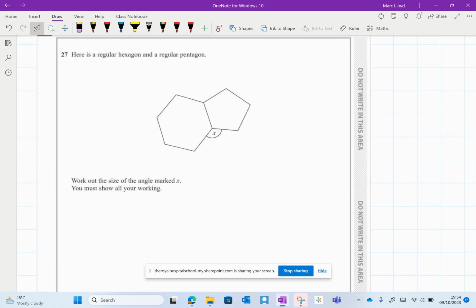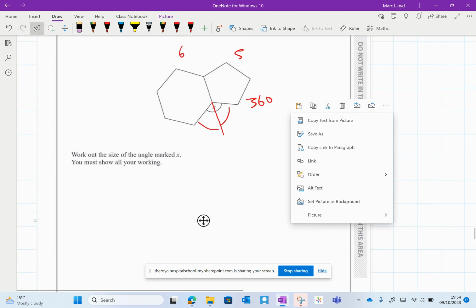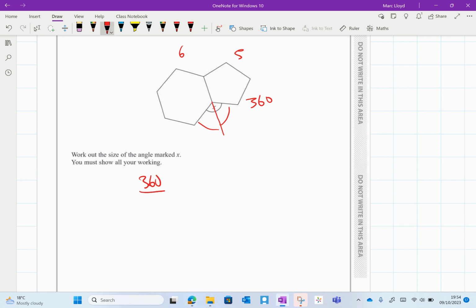Okay, next one. Oh, love this. Okay, 6 sides, 5 sides. So this angle here all sums to 360. And if I work out an exterior angle of that, I actually don't need to worry about that summing to 360. I can get rid of that. So the sum of an exterior angle of a pentagon, let's do that one first. 360 divided by 5 is 72.